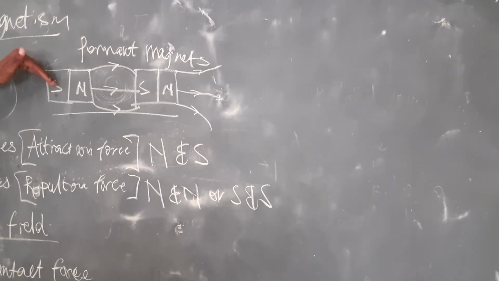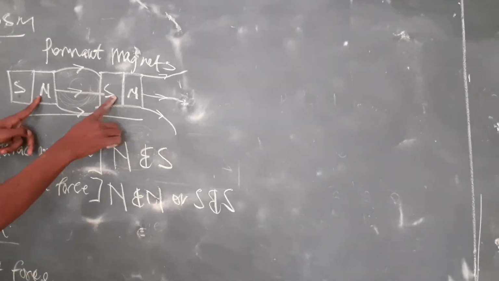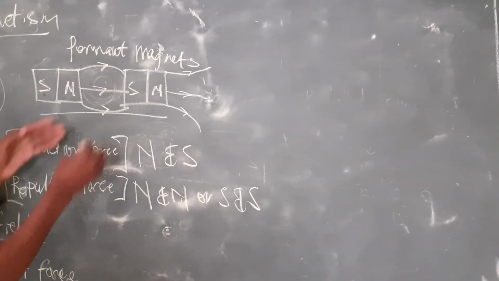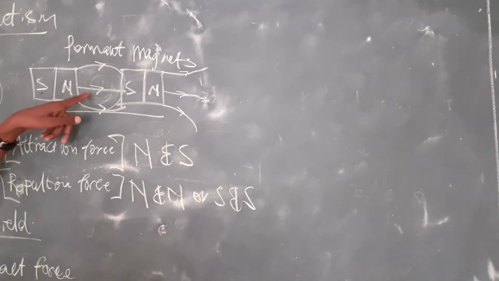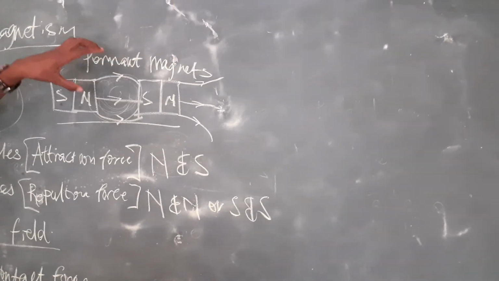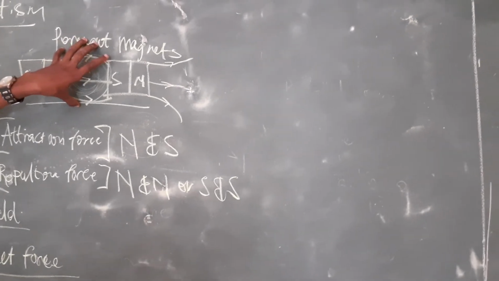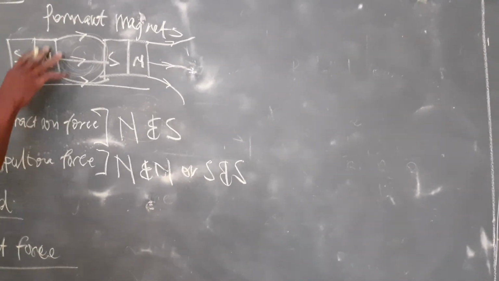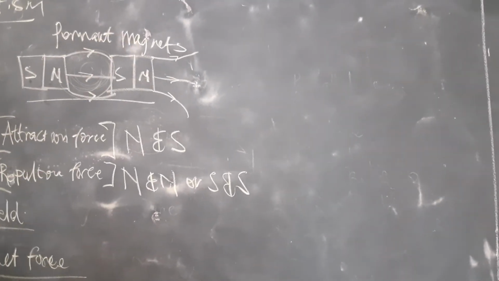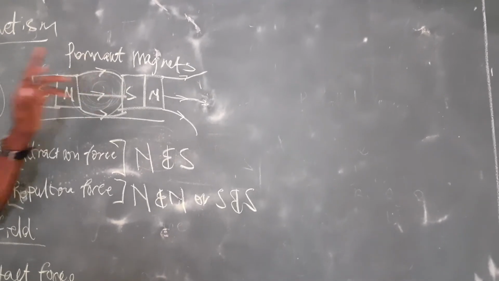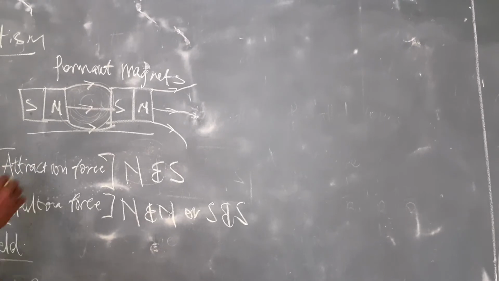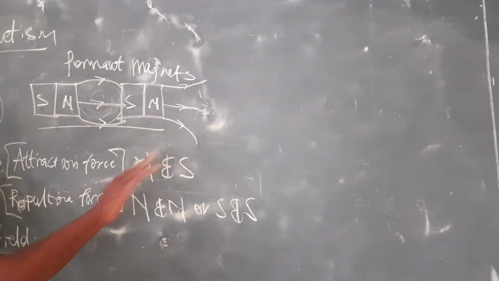And then we have the north and the south. Because these ones are unlike poles, they attract each other. The type of connection here is an attraction. And when we talk about north and north, they will do what we call repulsion.